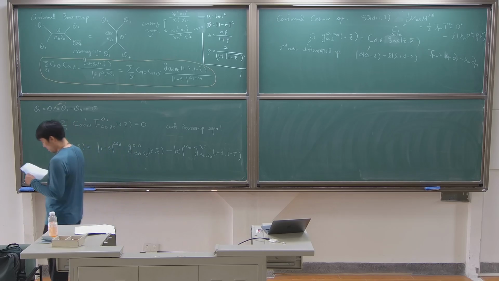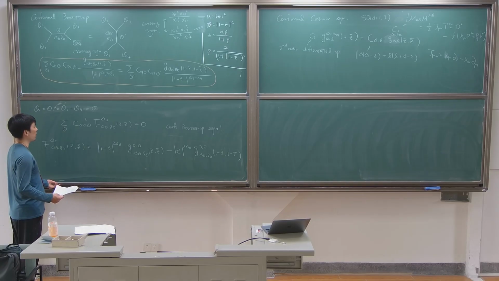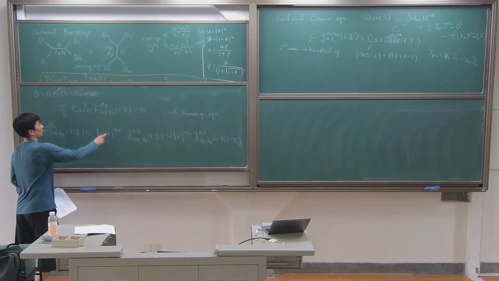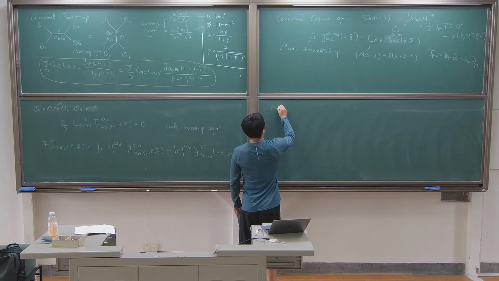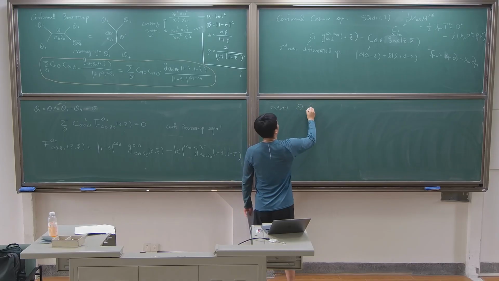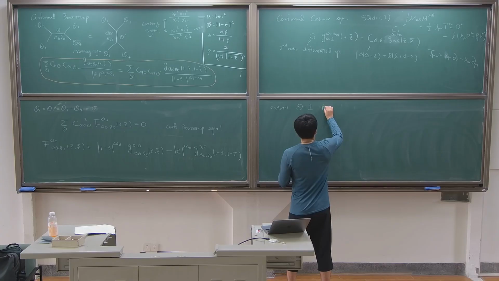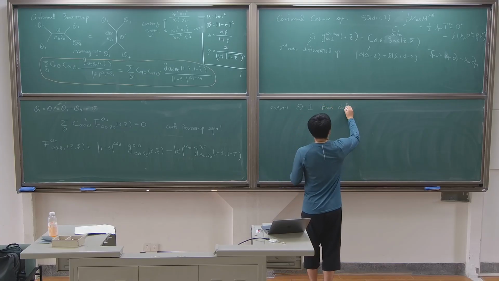One thing one can do is to extract the identity operator from this conformal bootstrap equation.